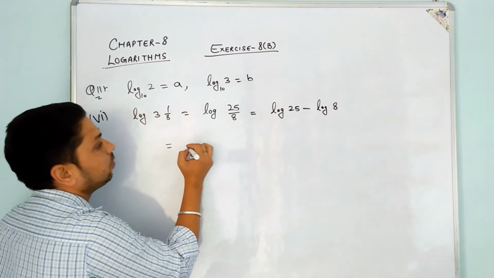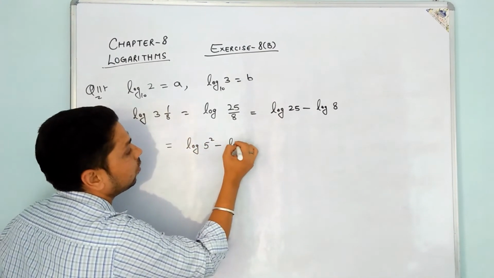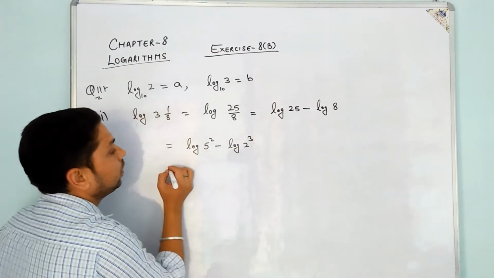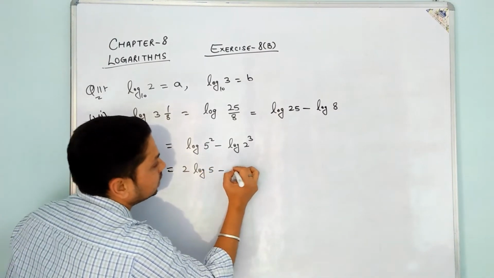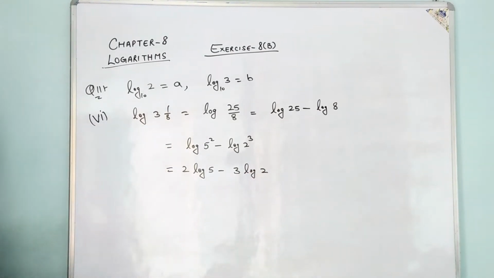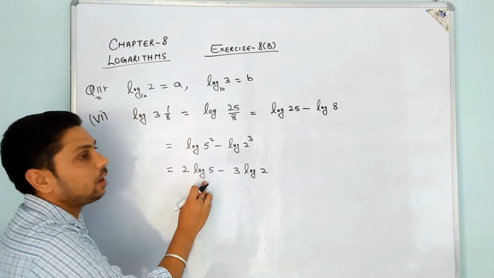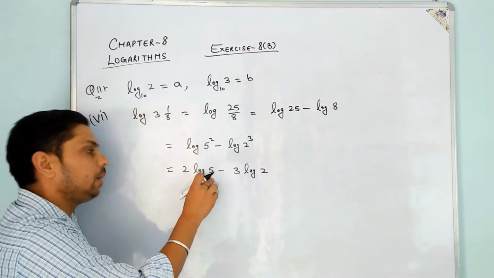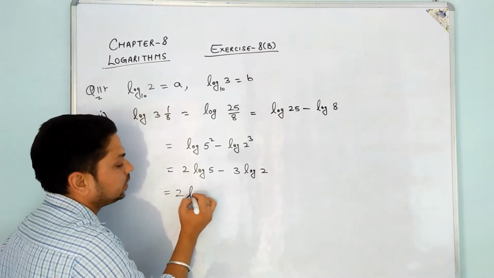Now this will be equal to log of 5 square minus log of 2 cube, which is equal to 2 times log of 5 minus 3 times log of 2. Again, we don't have the value of log of 5, so I'll change it into log 10 by multiplying and dividing by 2 inside the log.